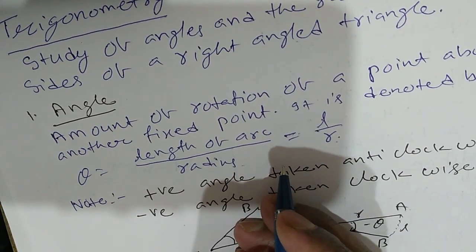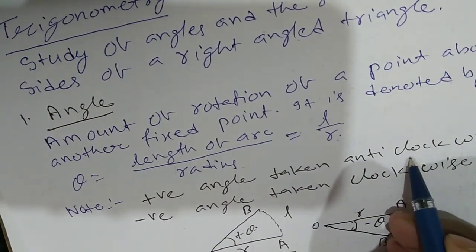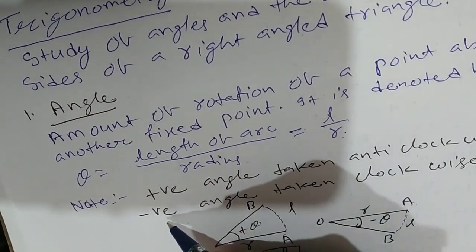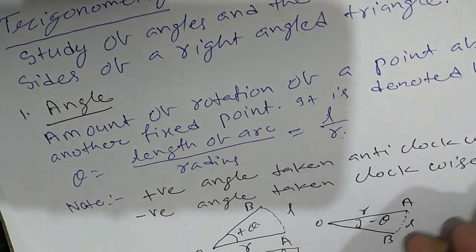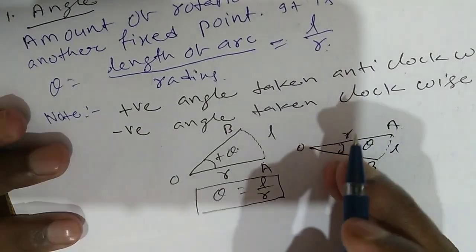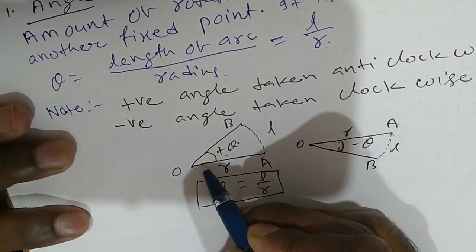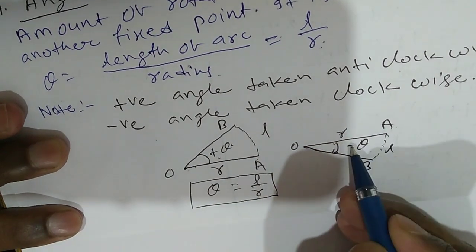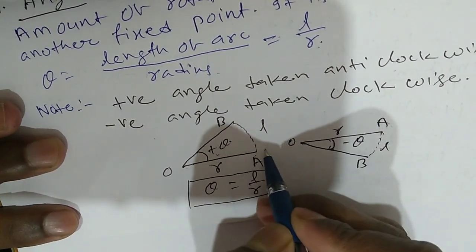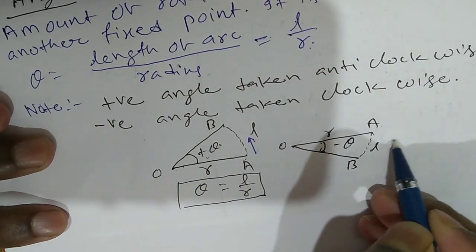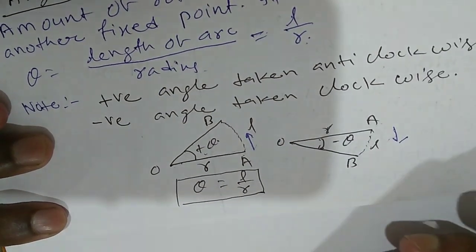If we go in anti-clockwise direction, then we take positive. If we go in clockwise direction, then we take negative. So this one is a positive theta and another is a negative theta. The direction of this one is anti-clockwise and the direction of this one is clockwise.